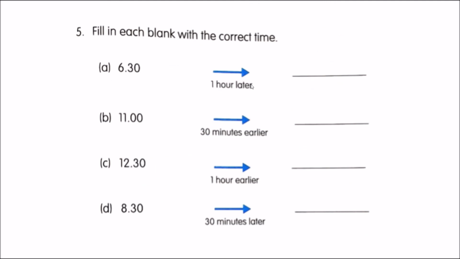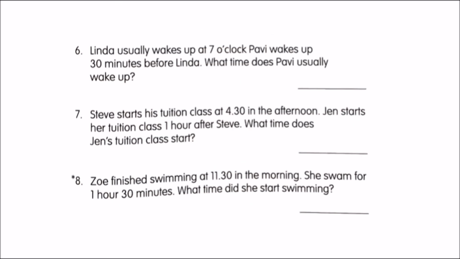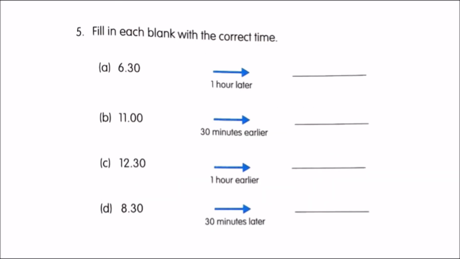Here you have to do the same thing, but you can write the time like this. 1 hour later, 1 hour after 6:30 will be 7:30. Remember, you can use your clock at home to help you.